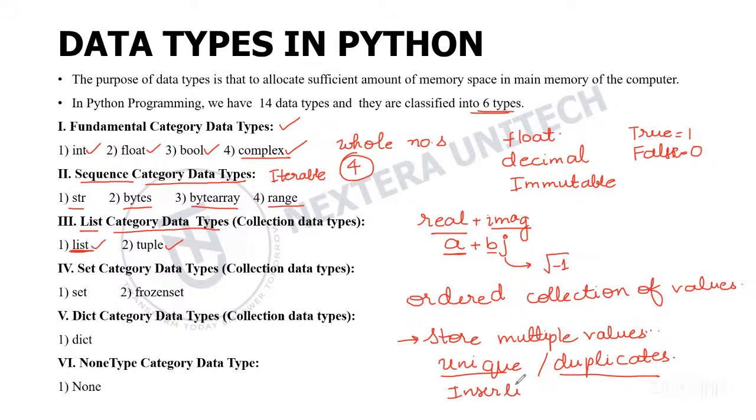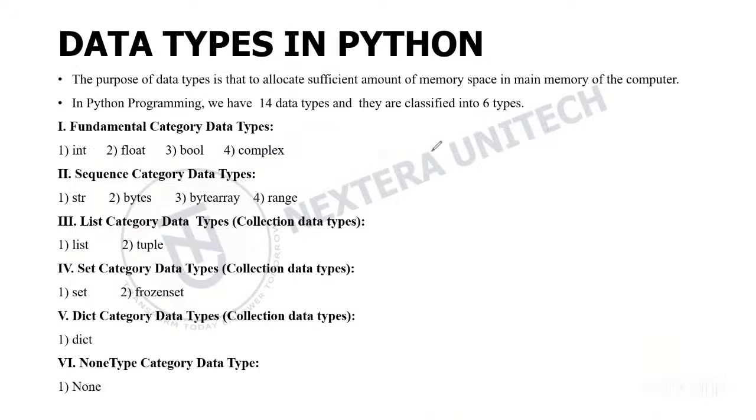In which order we insert the elements, in that order itself, it will display. And it also supports indexing and slicing. So this is what we've learned yesterday, and we also learned about the predefined functions, which we can use with lists.